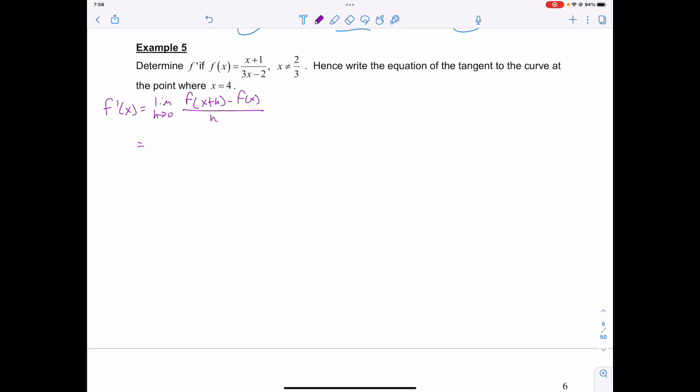This is going to be the limit as h approaches 0 of x plus h plus 1 over 3x plus h minus 2, minus x plus 1 over 3x minus 2, and it's all going to be divided by h.